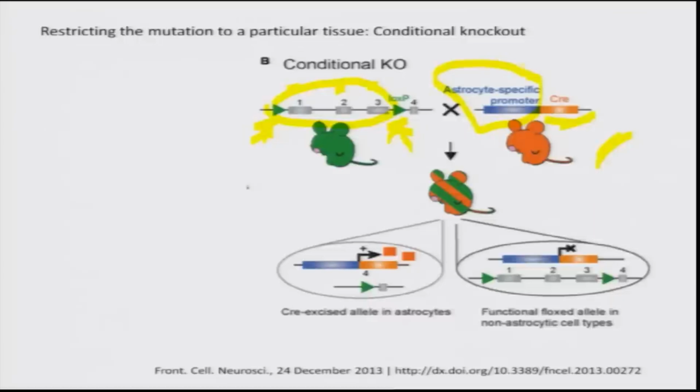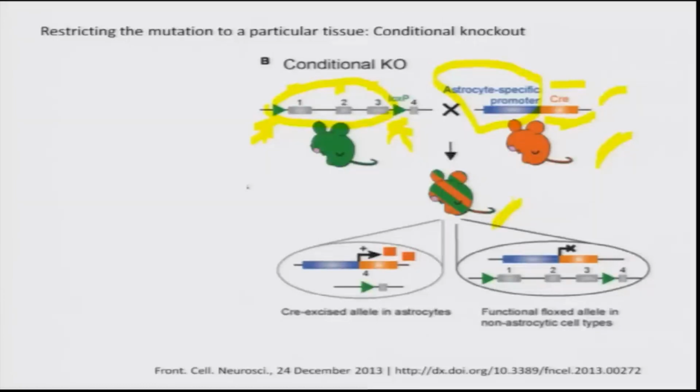Now, what is unique about this is that you are driving this Cre recombinase coding sequence under a promoter of a gene that is normally expressed in astrocytes. So, if the Cre recombinase is expressed in the cell, only in those cells will your knockdown or knockout take place. For example, when you cross these 2 animals, the one that has the loxP sites with the animal carrying the recombinase, you get a hybrid which has both.